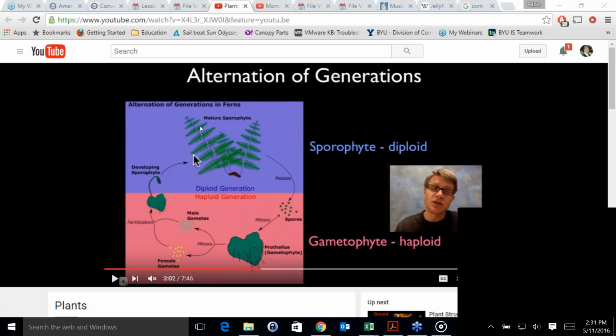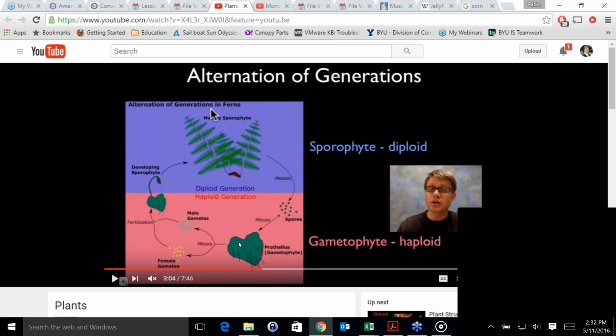All the cells in the sporophyte are diploid cells, and the spores themselves go through the process of meiosis, and they are haploid cells. Then these haploid cells produce a gametophyte that is haploid. So this is also the same plant, but it's different in the sense that now all the cells have only one set of chromosomes. They are haploid, half of the chromosomes.